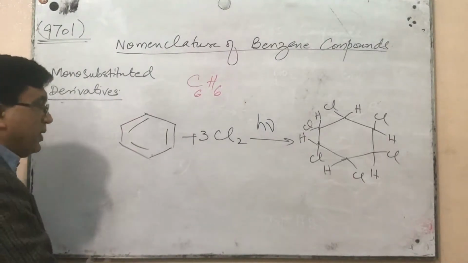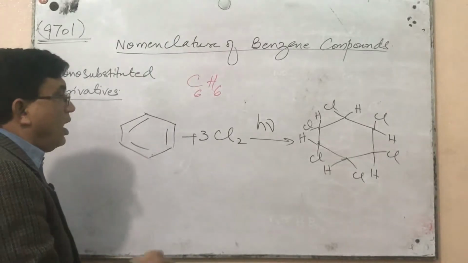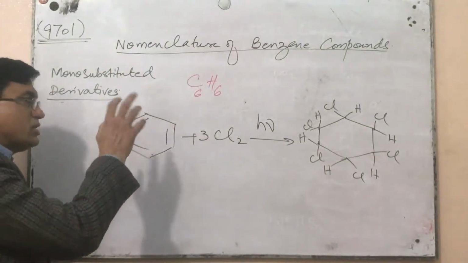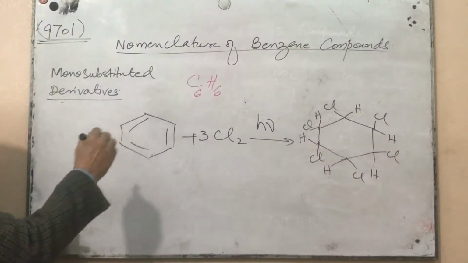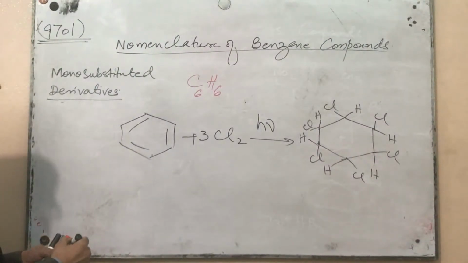Now, what will happen if halogenation of a substituted benzene takes place? Remember the previous reaction.